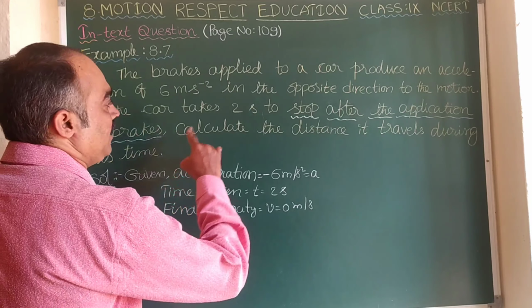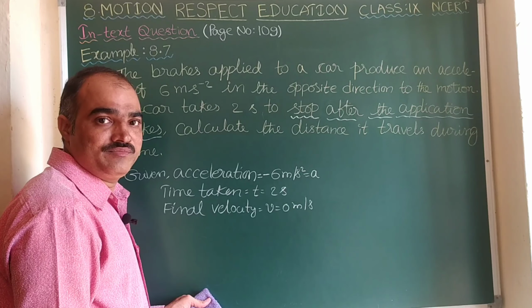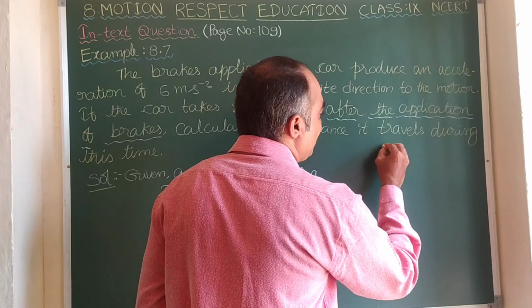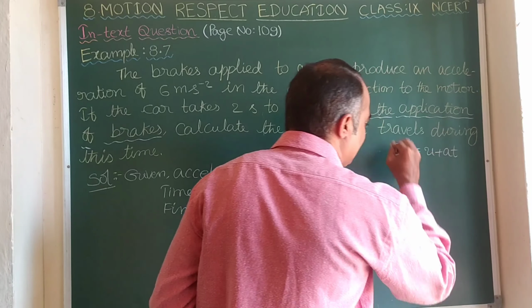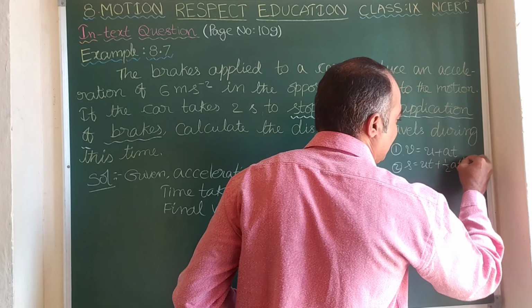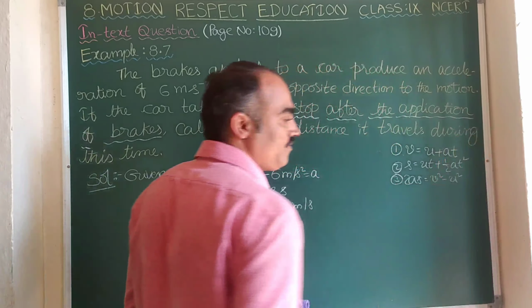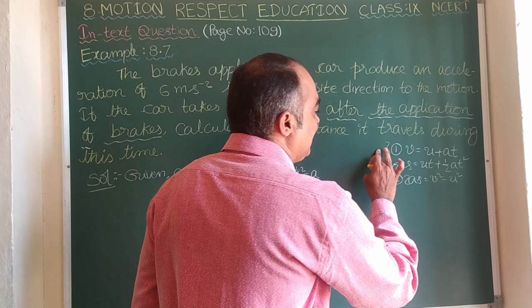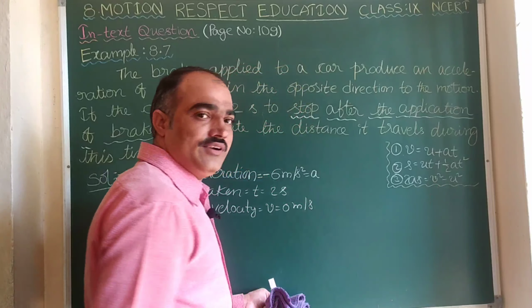Now the question is to calculate the distance traveled. Distance traveled means we should find s, the value of s. But here you do understand that there are 3 equations of motion. First one is v equals u plus at. Second one is s equals ut plus half at square. And third one is 2as equals v square minus u square. Clear? When the object is moving with uniform acceleration, its motion can be described by using any one of these equations.